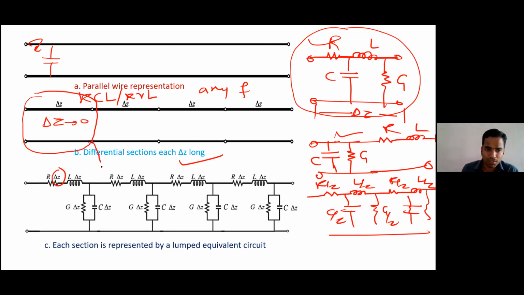This is for this subsection, this is for this subsection, and this is for this subsection. Each subsection has a different RLGC.